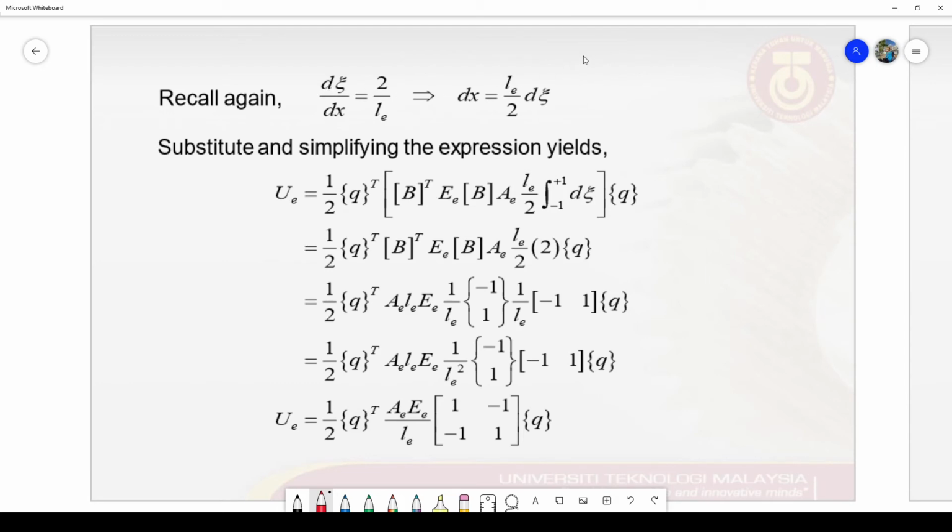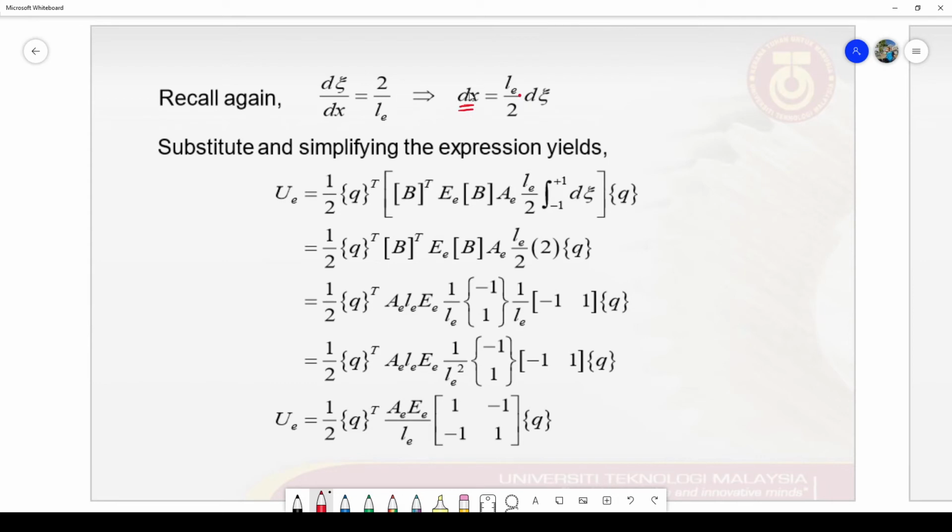We know that dz over dx is equal to 2 over le. Then solving for dx, we obtain that dx equals le over 2 multiplied by dz.